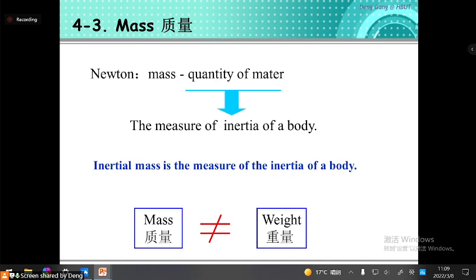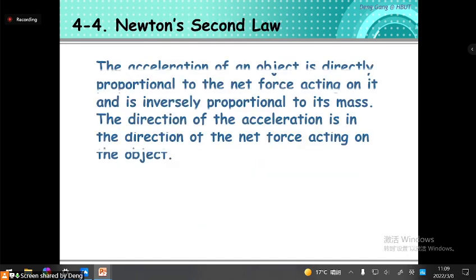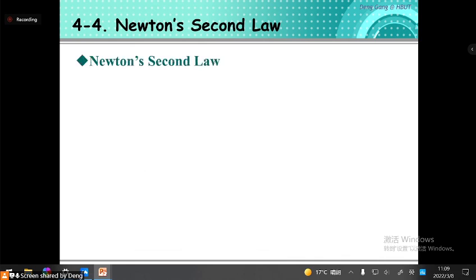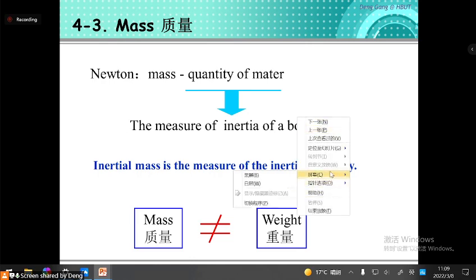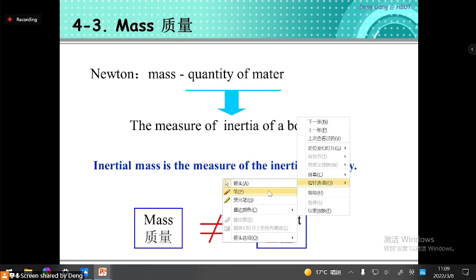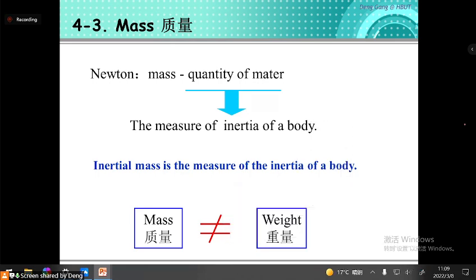For example, if we use m to indicate mass, near the surface of the Earth, weight is equal to mg. g is the acceleration of a free-falling object near the surface of the Earth, and g is equal to 9.8 meters per second squared near the surface of the Earth.